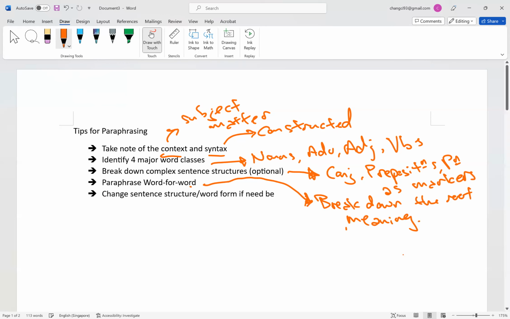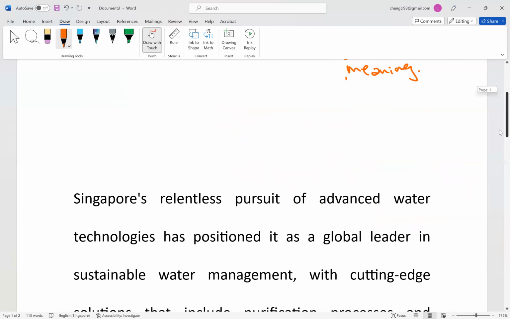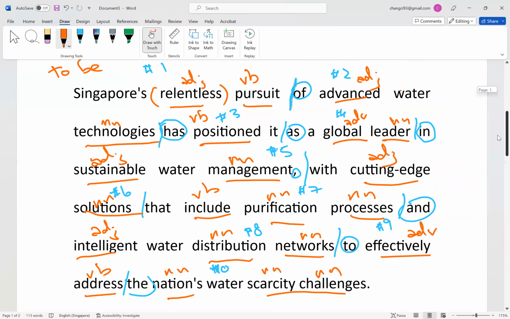So again, what I'm going to show you now in this final part of this soundbite, I guess, is reading through once again of the entire sentence, and then I will show you my paraphrase version later on.